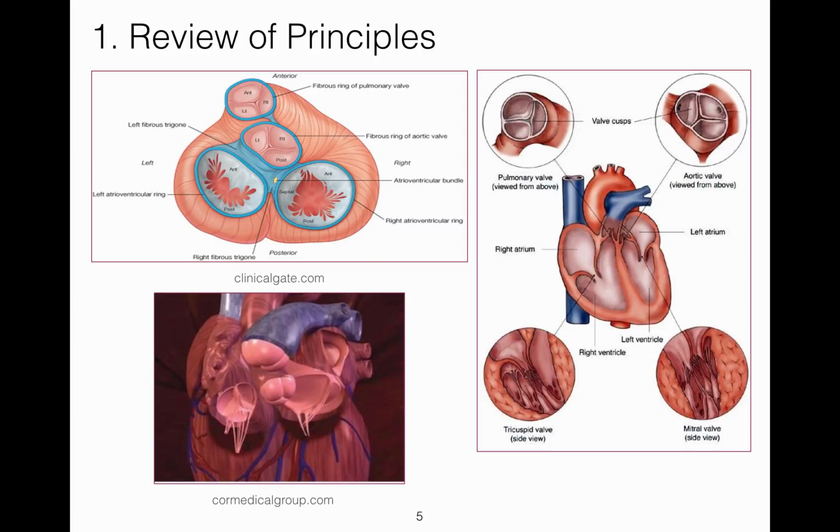Firstly, a review of the anatomy and function of the heart valves and of the principles used to make quantitative assessments of their function. The heart contains 4 valves, and the valves are anchored via their annuli, which are part of the cardiac skeleton.